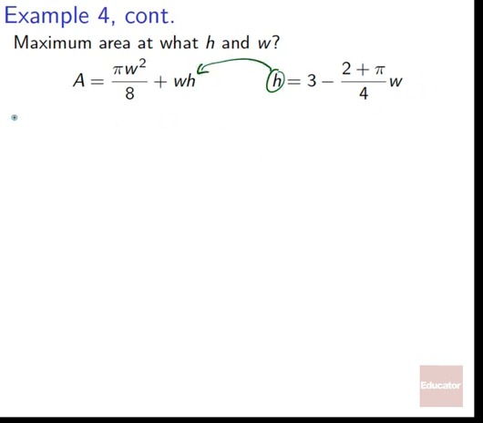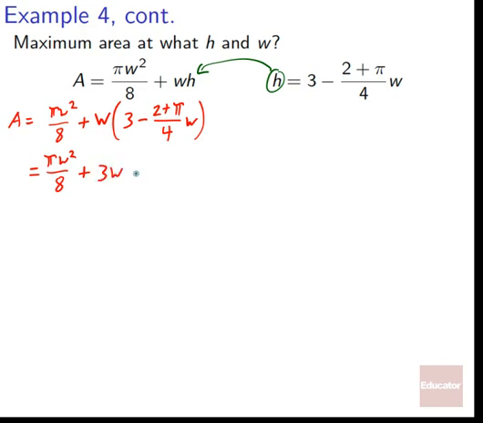So we've got area equals pi w squared over 8, that's still the same thing, plus w times h, so w times, what's h? 3 minus (2 plus pi) over 4 times w. We expand that out, and our area is equal to pi w squared over 8 plus w times (3 minus (2 plus pi) over 4 w). So we get 3w minus, and let's keep it as (2 plus pi) over 4, and it just combines with that other w. We've got w squared.